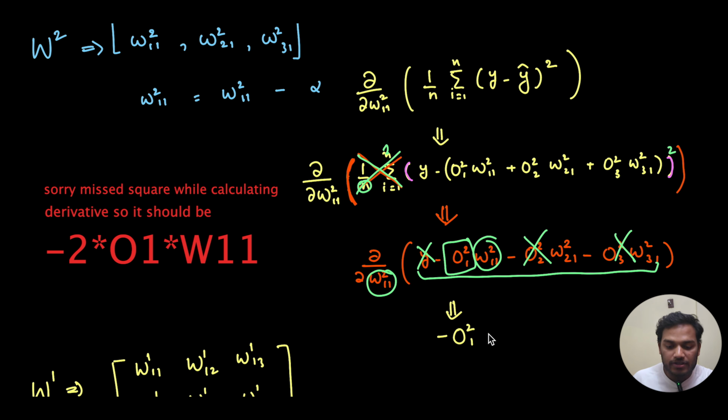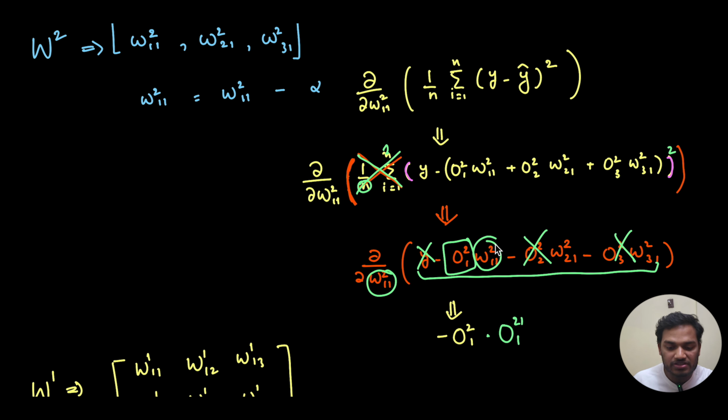As this is the one that we are having, we'll get as our output minus O21 times some partial derivative on this as well. Within this also, if this weight occurs, then we'll be getting something out of it. But for now, let's ignore this. Let's say this is some constant value. Then the output that we'll be getting out of this one is minus of O21 with respect to W211.